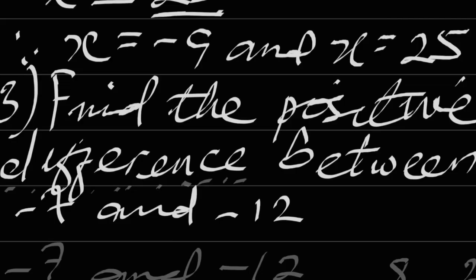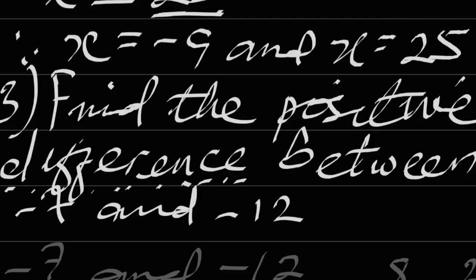Whenever you are asked to find the positive difference, what it means is that make sure you write the bigger number first minus the smaller number. The word difference means minus. Write the bigger number, then the smaller number. Let me cite a small example before solving this one.